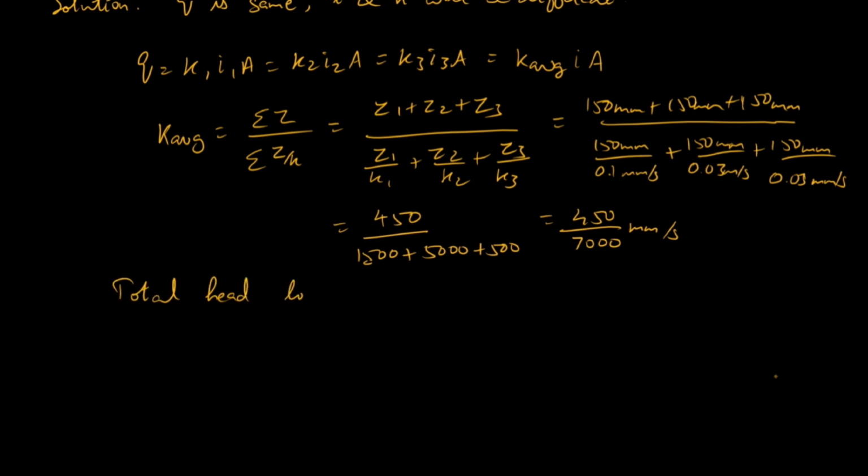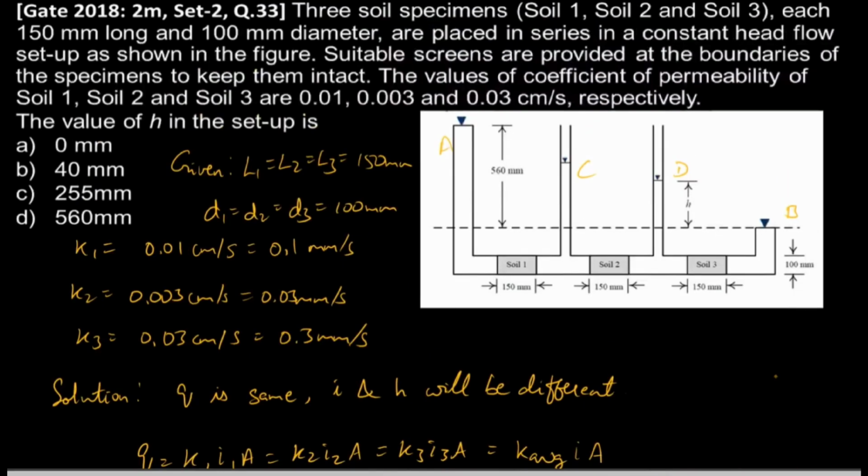Total head loss from A to B is 560 mm, where we can denote this point as datum.